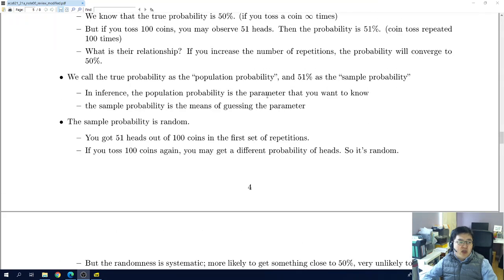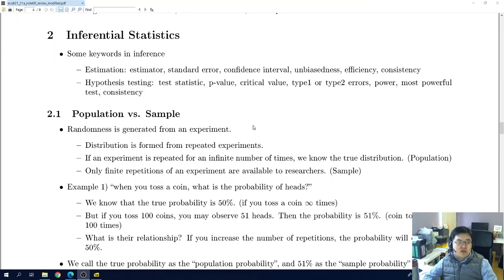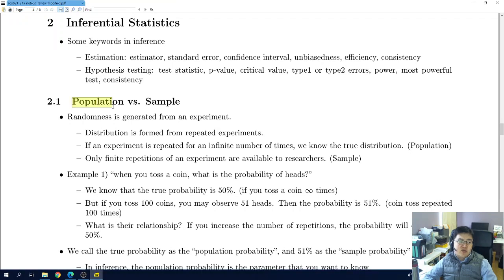The theme we talked about last time was the distinction between population and sample. Just to remind you of what we have done, remember that one important concept in statistics is the experiment, because randomness is generated from an experiment, and we can learn about the randomness by repeating the experiment.